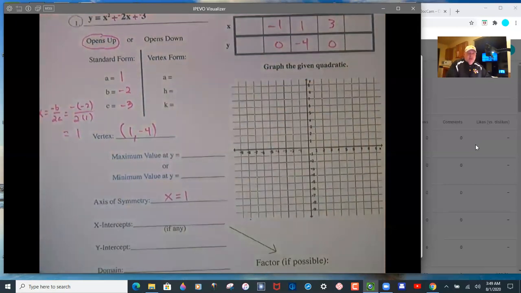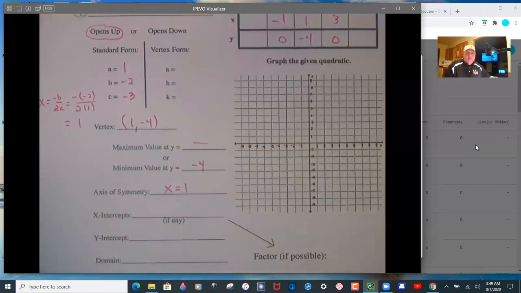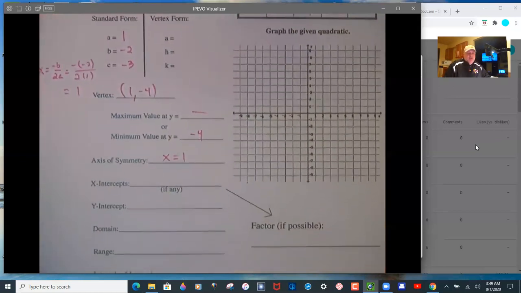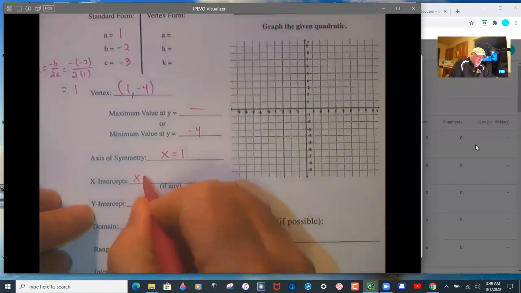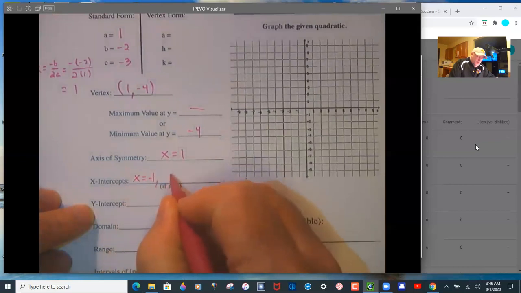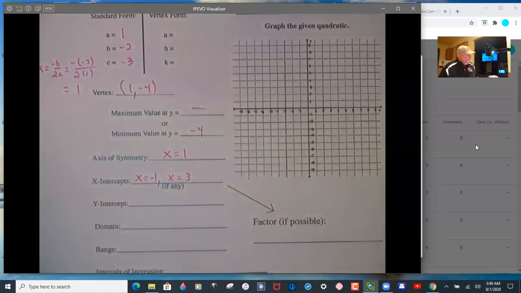You pick the y value and you just put it in here. So it goes in one of the other places there. And just literally, if you can't tell from your table, you have to go to the formula sheet. It's that simple.